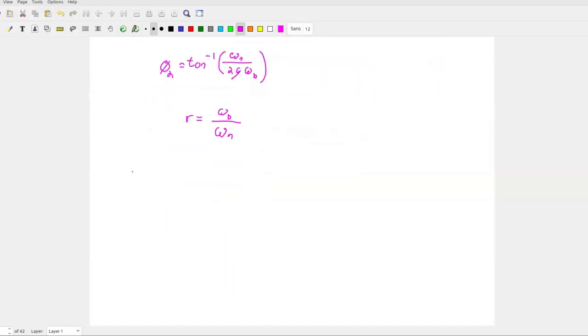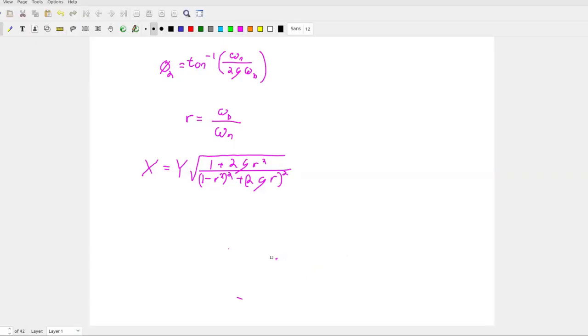So I can rewrite this equation without any omegas, and that's going to give me capital X is equal to Y times the square root of 1 plus (2 zeta r) squared, divided by, sorry, (1 minus r squared) that whole term squared, plus (2 zeta r) that whole term squared.